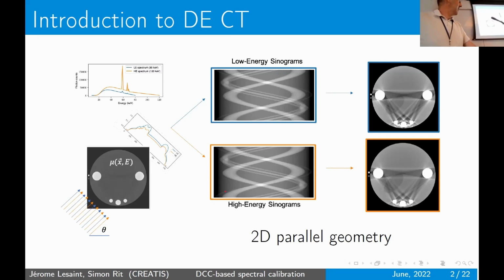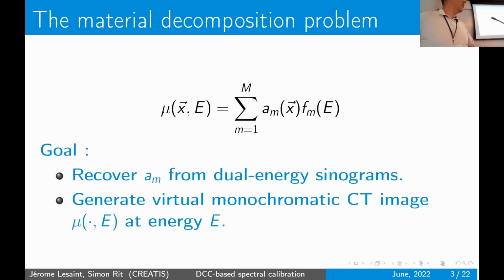So we get two sinograms at low energy and high energy. If we reconstruct these two sinograms with any reconstruction algorithm, we get polychromatic reconstructions with spectral artifacts in them, known as beam hardening artifacts, for instance. It has been known for a long time that we can write the linear attenuation coefficient as a linear combination of a few energy-dependent functions.